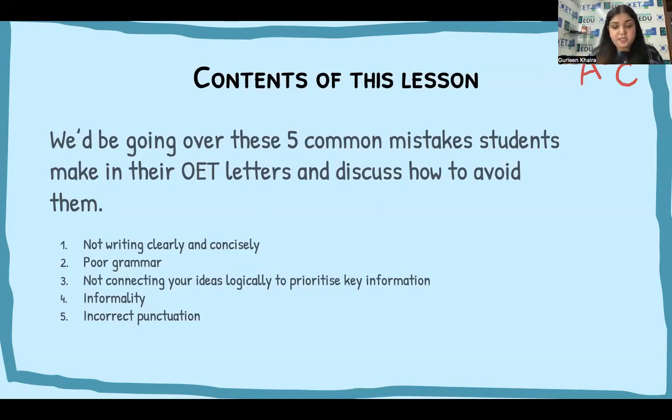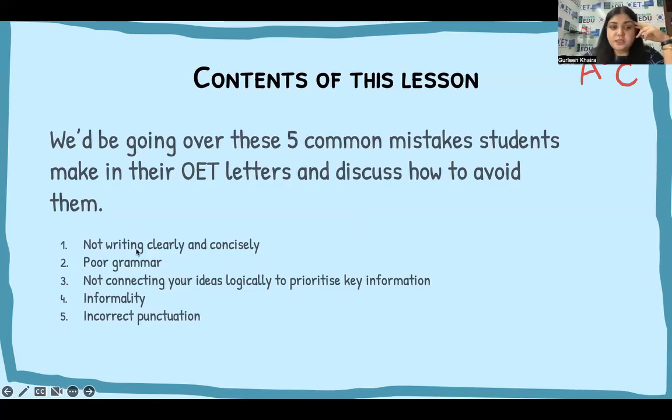And when you start transforming those case notes, the relevant information that you've selected, into complete sentences, at that stage we've identified some errors that are common to students, and we'll be discussing them in this class. And then how to avoid them, how to make your writing clearer and more effective.